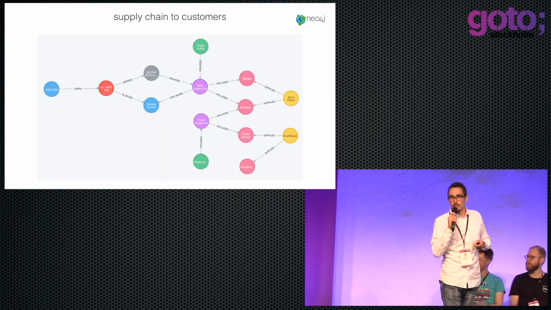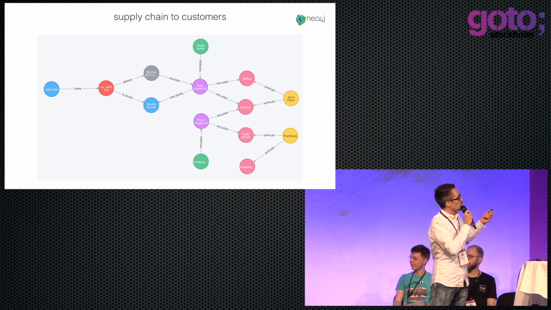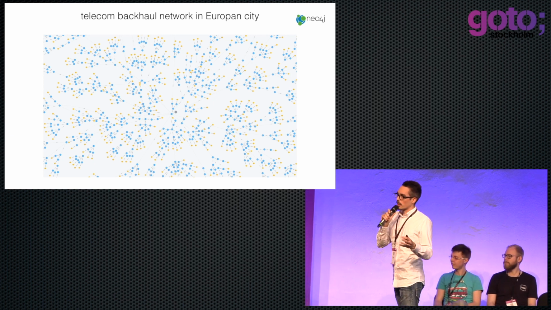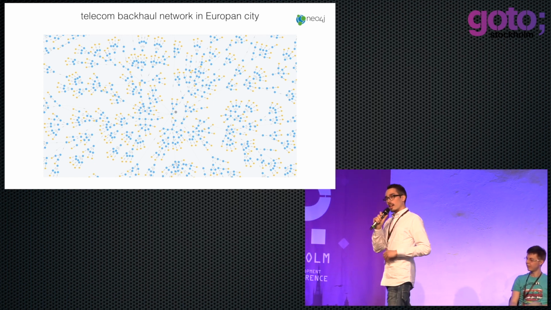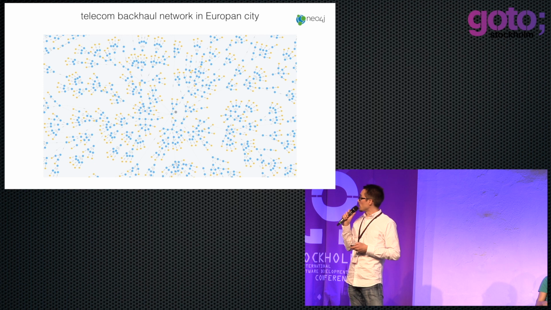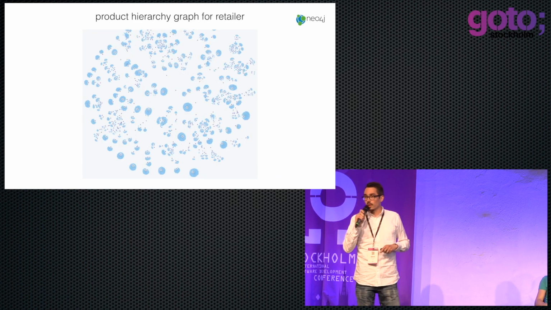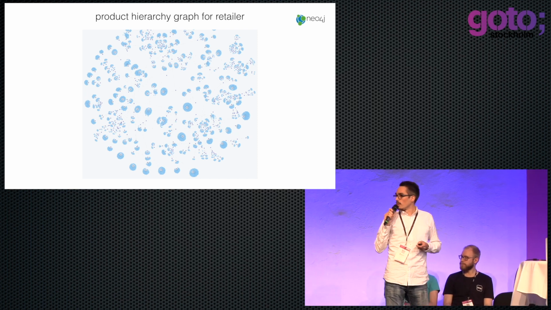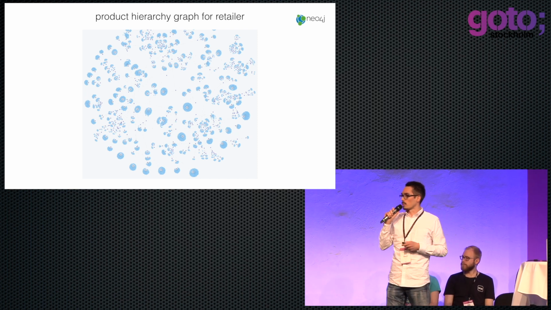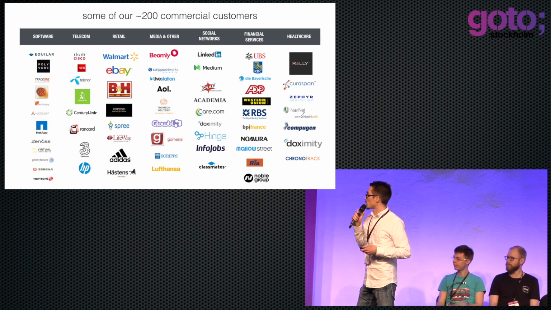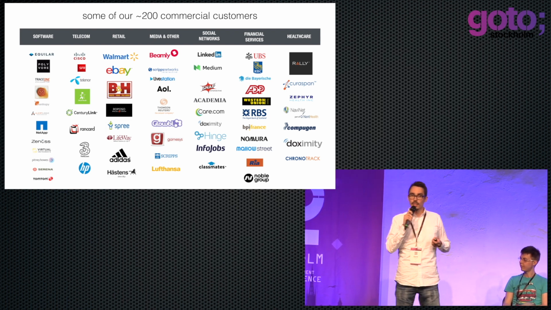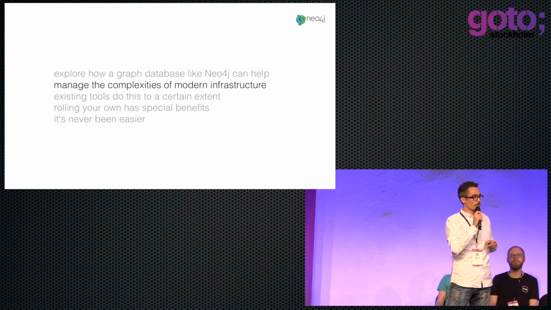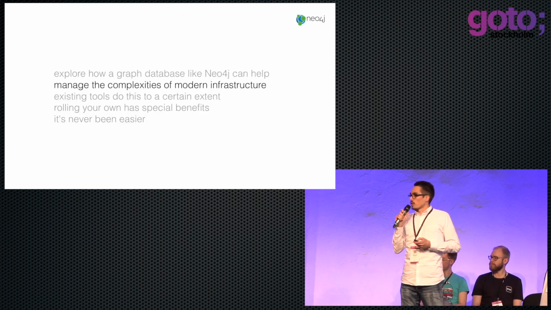This is just a sample supply chain from parts all the way over to customers. This is a backhaul network, microwave links, that kind of stuff for a telecom network in a European city. The product hierarchy for a major retailer. Graphs can be anything, right? And of course, these are some of the customers we work with. Some of the biggest companies in the world use Neo to do cool stuff that they cannot do otherwise in an efficient way.